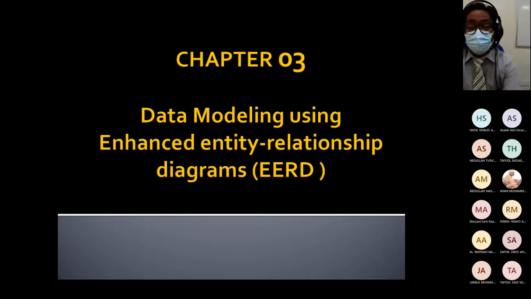We have already known more on entity, attributes, different types of attributes. We have also seen identifying the keys, like the identifier for each one of those attributes. And we also came to know the relationship of these entities.